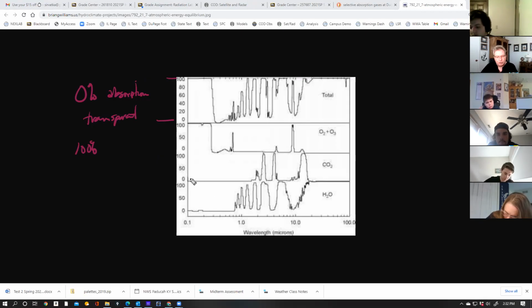The bottom strip here is water vapor. Do you see every place where this line goes up, it says more and more of the wavelengths at those wavelengths are being absorbed. So those are all the areas where water vapor does a good job of absorbing. Notice in here, there is a lot of absorption by water vapor.